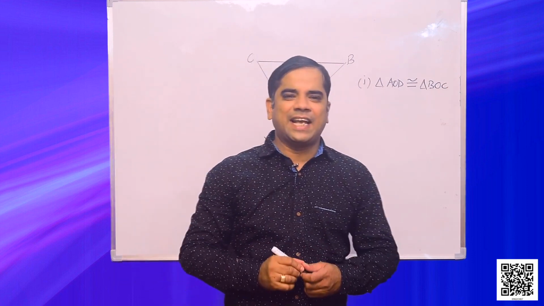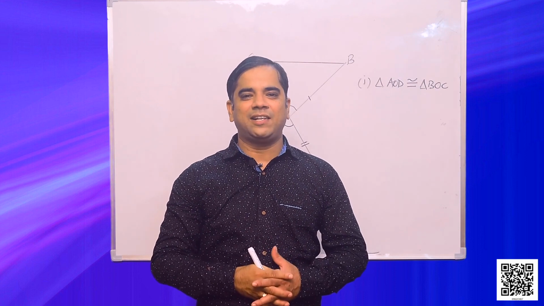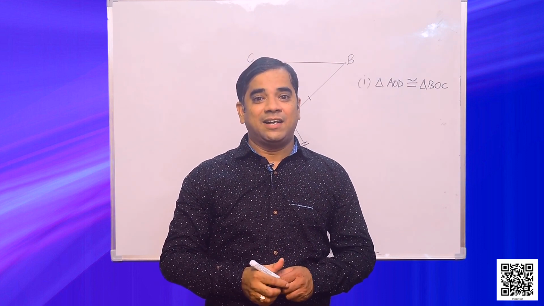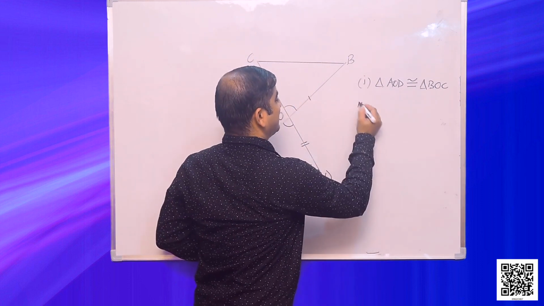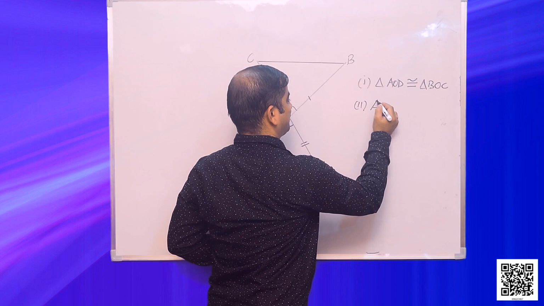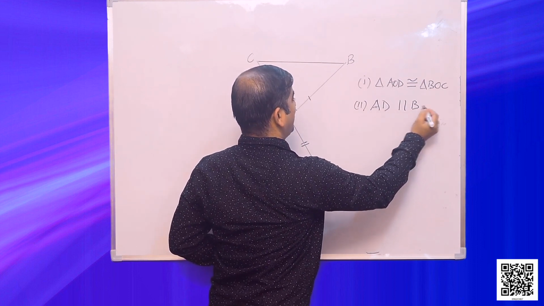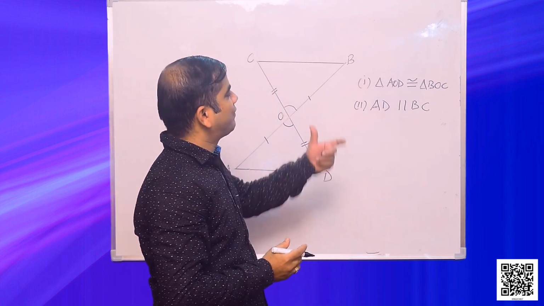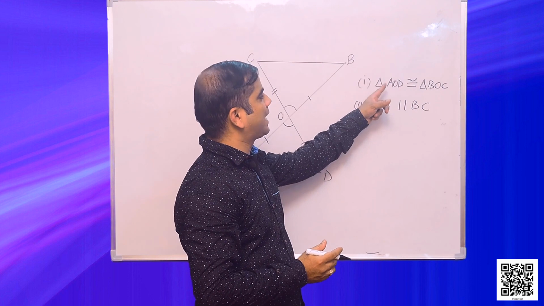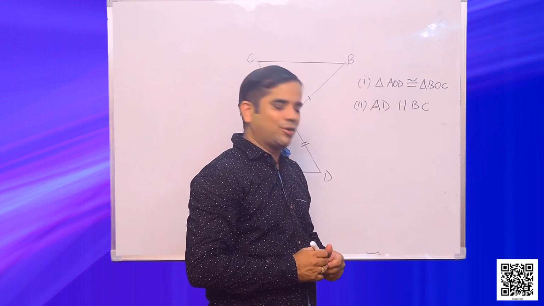In the first case, we have to prove that triangle AOD is congruent to triangle BOC, and hence we need to prove that AD is parallel to BC. So let us prove the first bit first, that is we need to prove triangle AOD is congruent to triangle BOC.